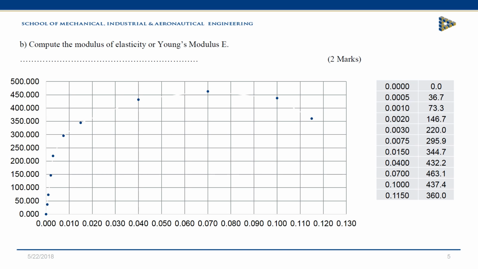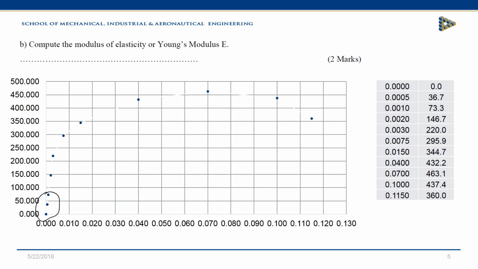Now the next part of the question is compute the modulus of elasticity, or Young's modulus. So we've got to figure out where the elastic portion is. It looks to me as if the elastic portion is these three points here.